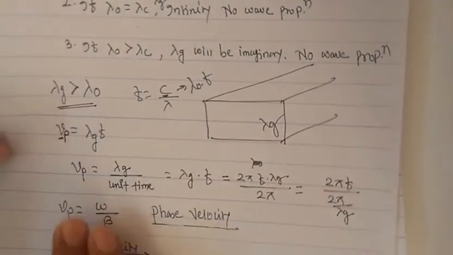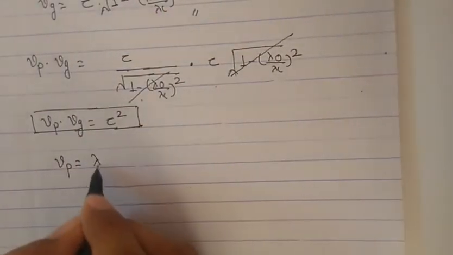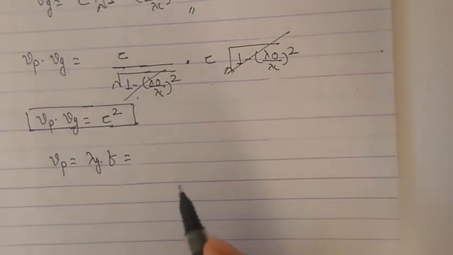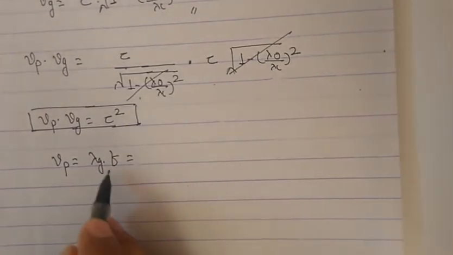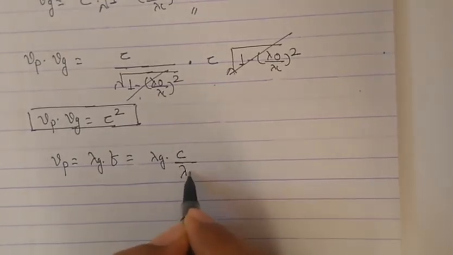So Vp is lambda g into f, and f is equal to c by lambda, so lambda g into c over lambda 0.